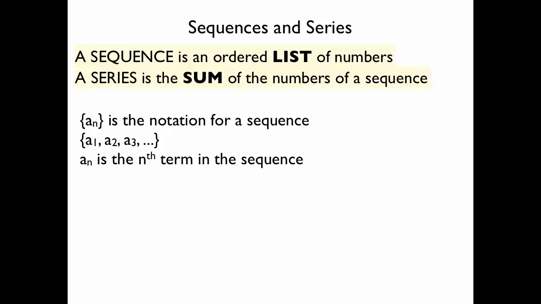So a_n is the nth term in the sequence. The subscript is telling you which value in the list it is. So a sub 11 is the 11th value in the sequence.